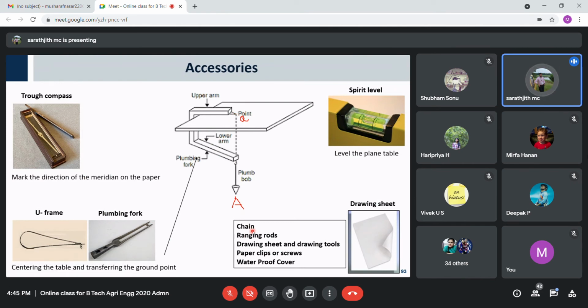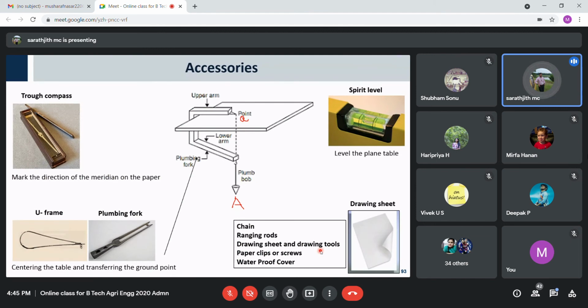You need ranging rods to locate your points, so that you can bisect the ranging rod when you look through the alidade kept over the plane table. You also need drawing tools, such as an L square, pencil, and erasers.